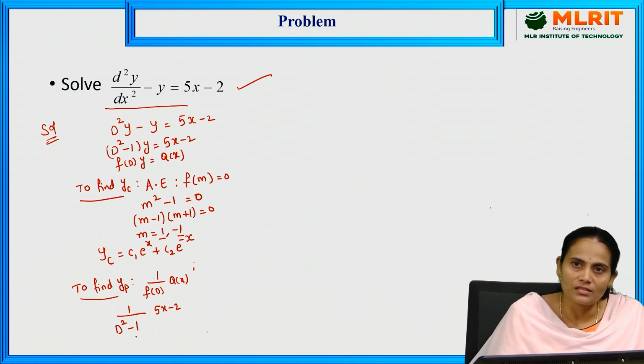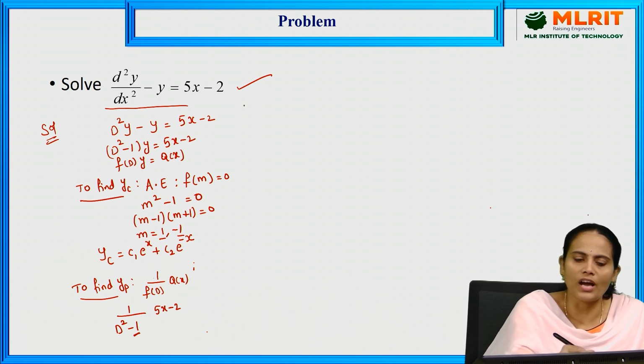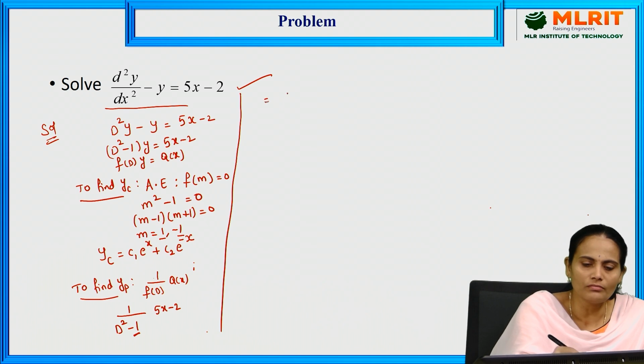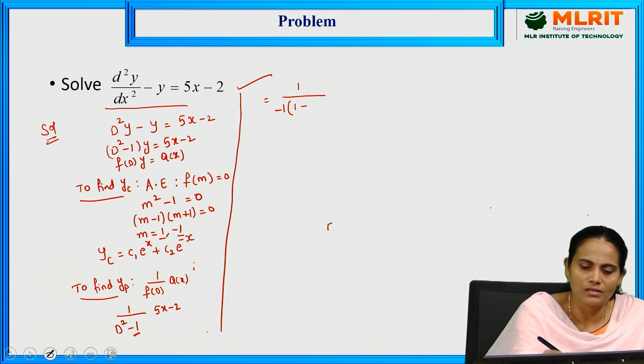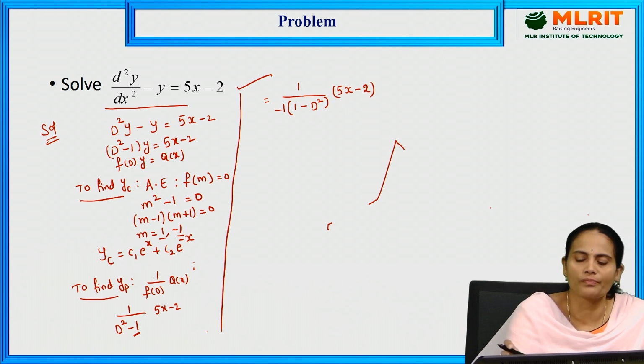Here in this f of D, the lowest degree term is minus 1. So you have to take minus 1 as common in the denominator. So by taking the minus 1, it is 1 by (1 minus D square) into 5x minus 2, which is Q of x.